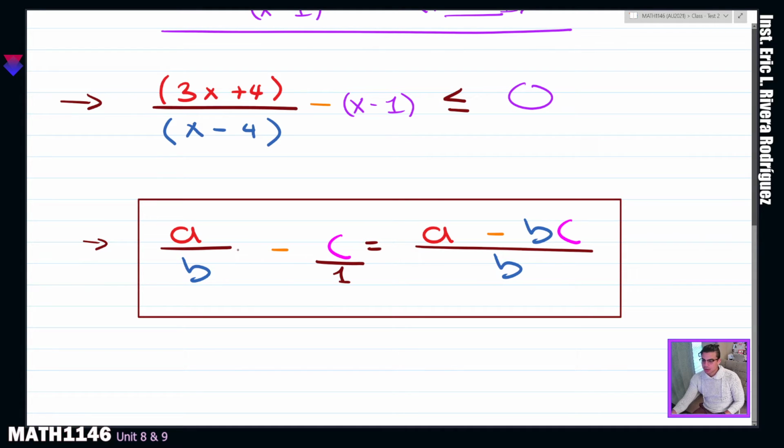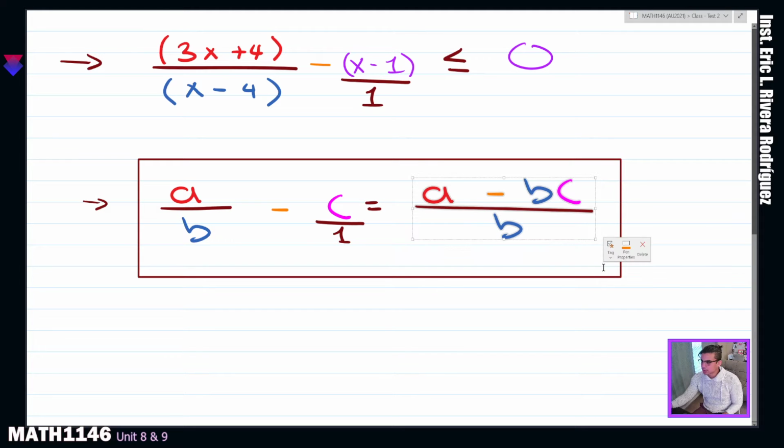Okay, so the denominator here is 1. So we are going to use, basically, let's call this a formula. We are going to use this formula to combine this.